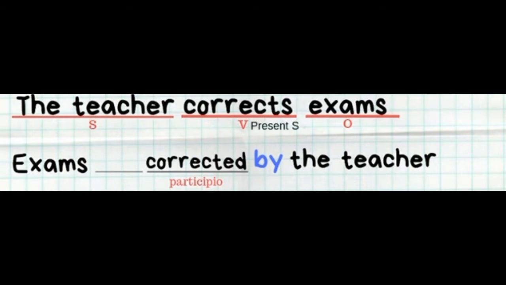So the passive voice has to be in present simple. Since we have exams and it's plural, we are going to use are. And we are going to add at the end the part that we cut at the beginning. So that makes our sentence in active voice and passive voice.